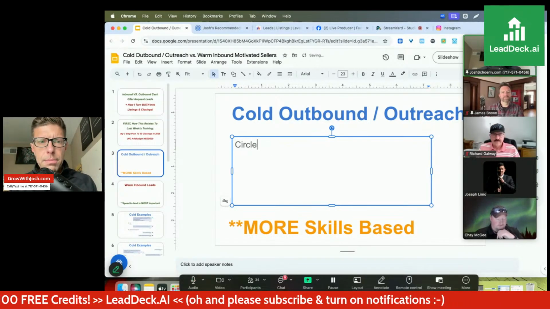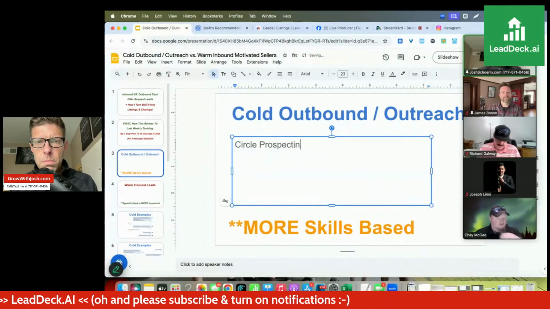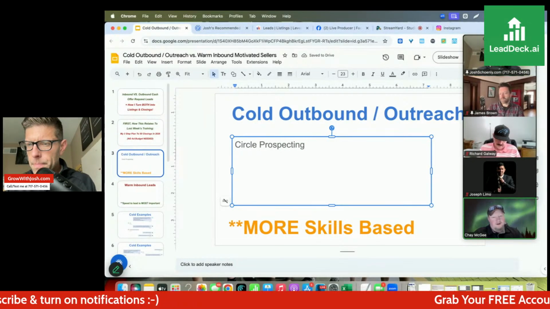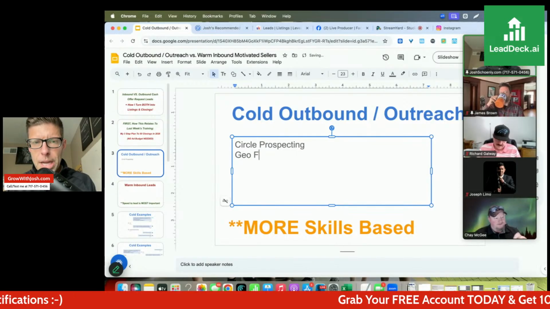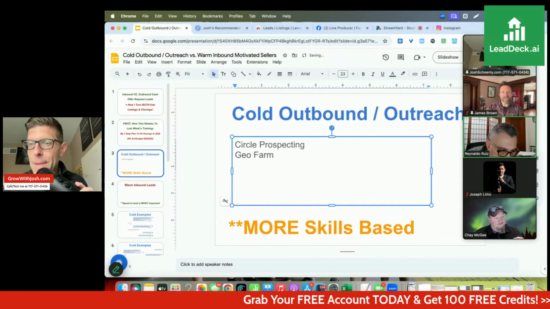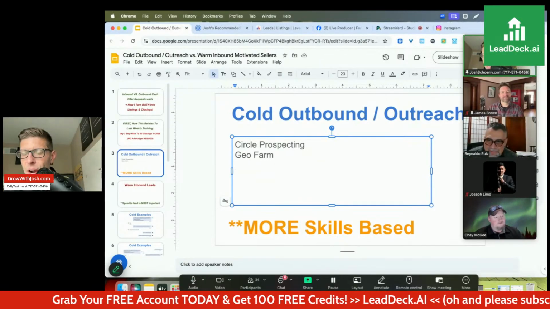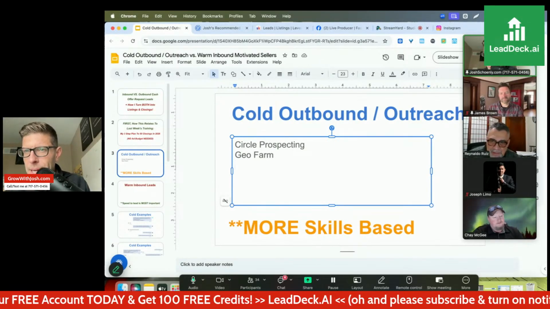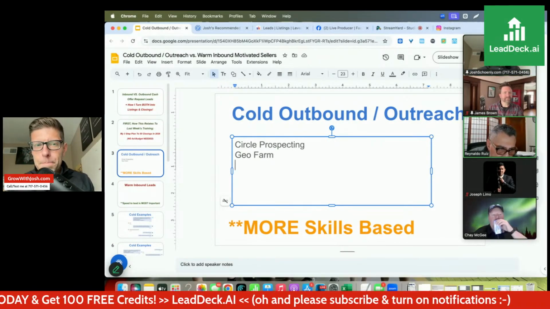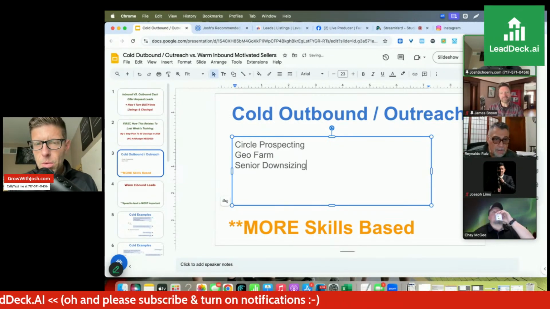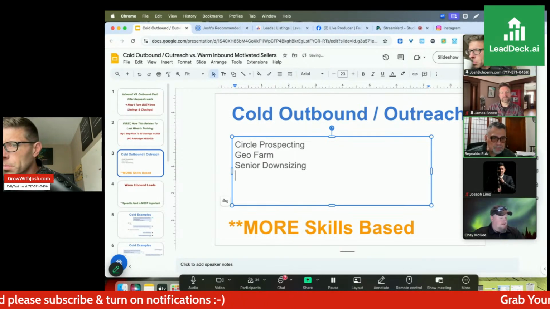Circle prospecting. All right. Thank you, Joseph. Shay, what's that? GeoFarm. You guys are getting fancy. I was thinking way more simplistic than this, but go ahead. Sorry, Reynaldo, and then there was somebody else. It might have been Isabel. Senior downsizing. Okay. Who else?